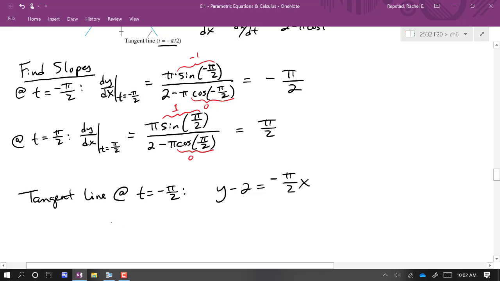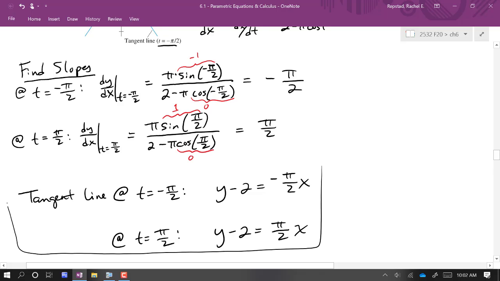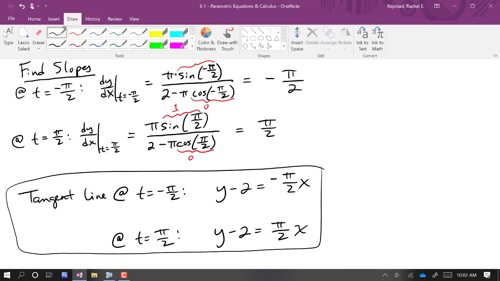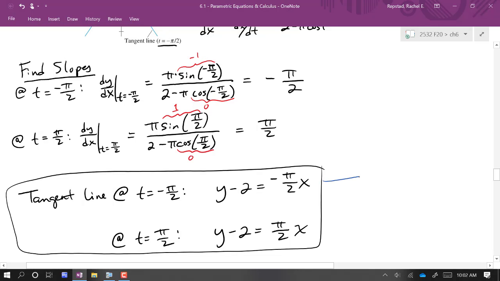And at t equals pi over 2, the line is y minus 2 equals positive pi over 2 times x. And that's what we're looking for. And here, I just used the form y minus y1 equals m times x minus x1 to make those lines. But you could certainly choose y equals mx plus b if you prefer.